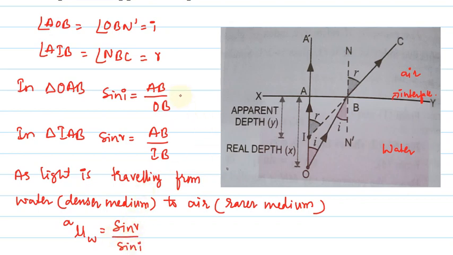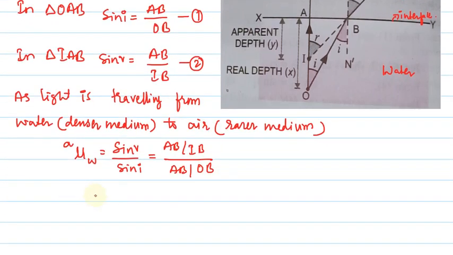If I represent these as expression 1 and expression 2, sine r is nothing but AB by IB and sine i is nothing but AB by OB. So this can be written as AB upon IB divided by AB upon OB, which is AB upon IB into OB upon AB.